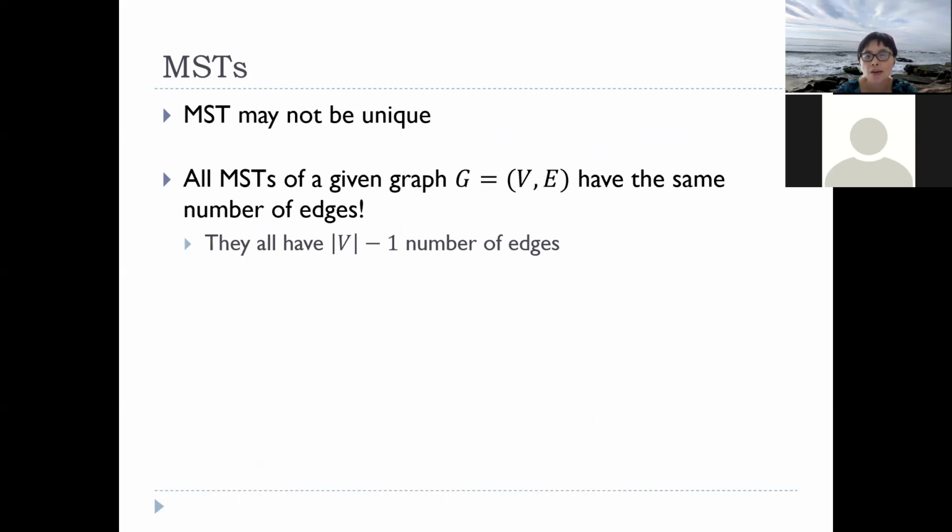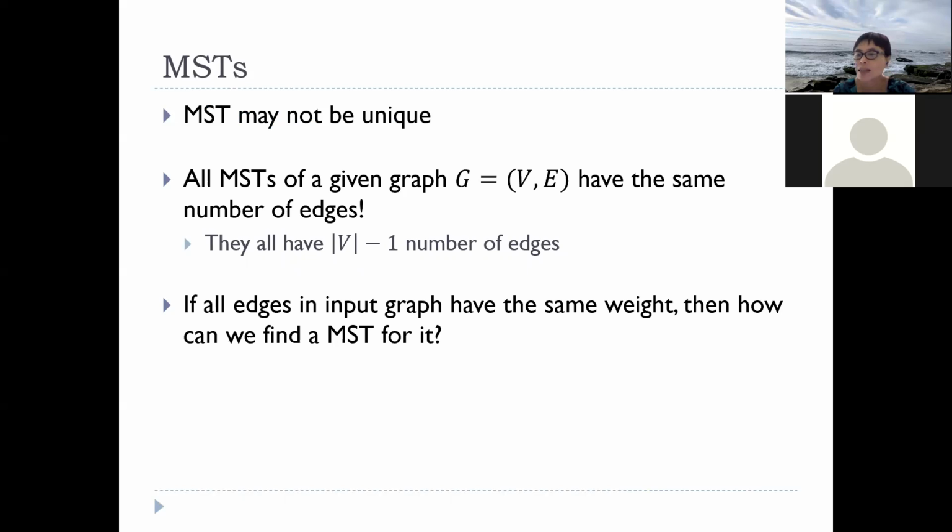So here's a question. Let's assume that all edges in the input graph have the same edge weight. In this case, what do you think is the weight of a minimal spanning tree?